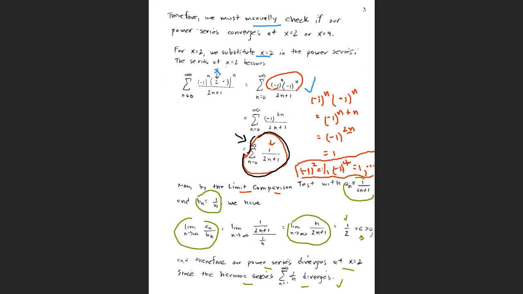As n gets large, the terms of our series are essentially 1/2 times the terms of a harmonic series. Well, 1/2 of infinity is infinity. So the fact that the harmonic series diverges means our series has to diverge. And so therefore our power series diverges at x equals 2. Are there any questions on that?